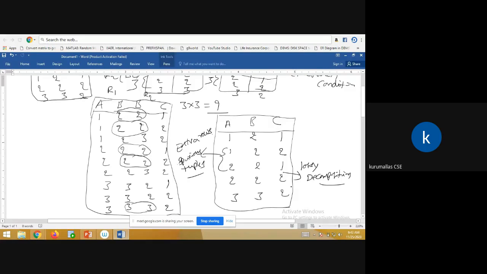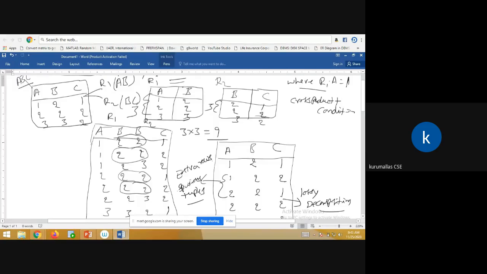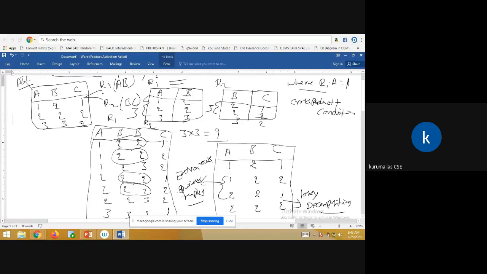While we are selecting the tables from the starting position, if you observe here, while we are decomposing the table into R1 (A, B) and R2 (B, C), we have to concentrate on the common column.